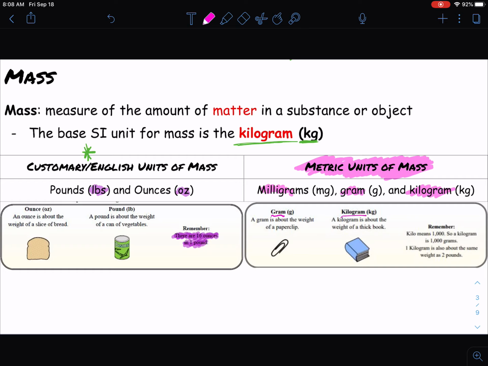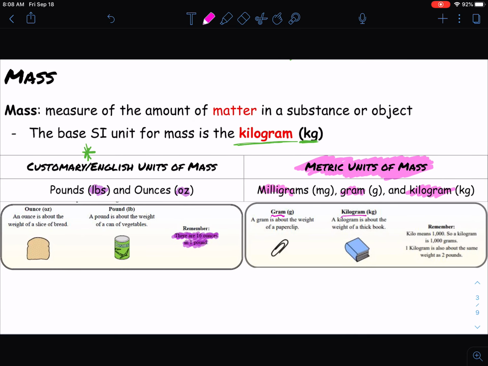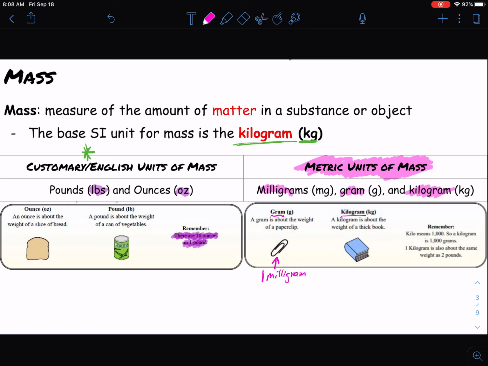Now, what you don't see is the milligram. And the reason is that a gram is already only the weight of a paperclip. A milligram is so tiny. 1,000 milligrams equals 1 gram.